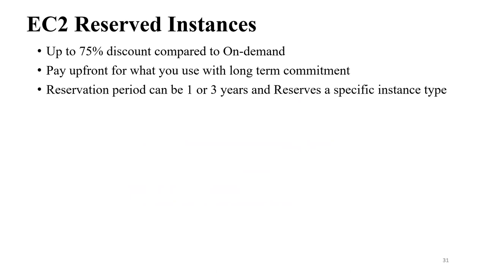Suppose there is the RisenShineTechnologies.com application, and we thought 16 GB is stable, and for the entire 1 year 16 GB is enough. Then I can go for 1 year with reserved instances and 16 GB capacity. Then I will get somewhat less cost because I'm choosing a fixed one, and they will have clarity that this customer needs 16 GB RAM capacity for 1 year.